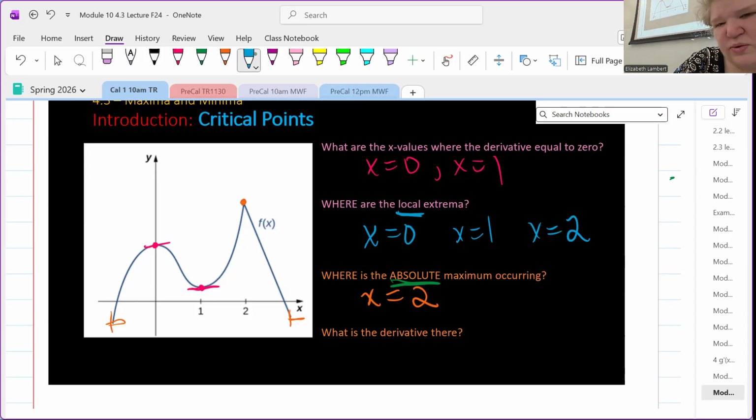So the derivative equals 0 gave us some of the local extrema, but not all of them. Setting the derivative equal to 0 will get us most of the local extrema, but it may miss some. The other spot, the absolute max, which is also a local max, the derivative there is undefined because the left side and the right side make a sharp corner point.